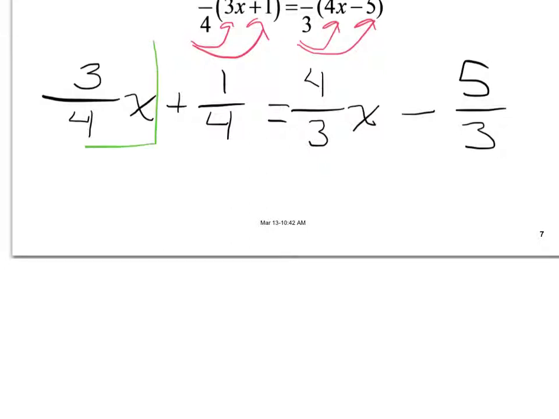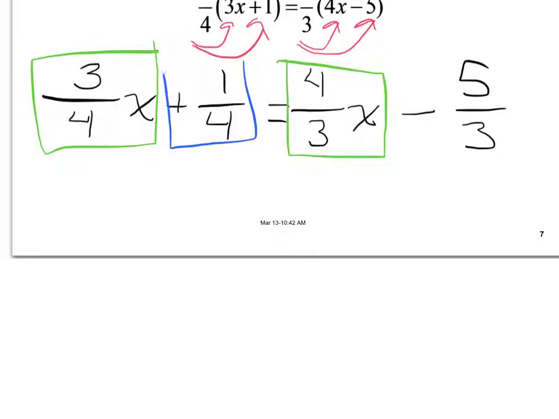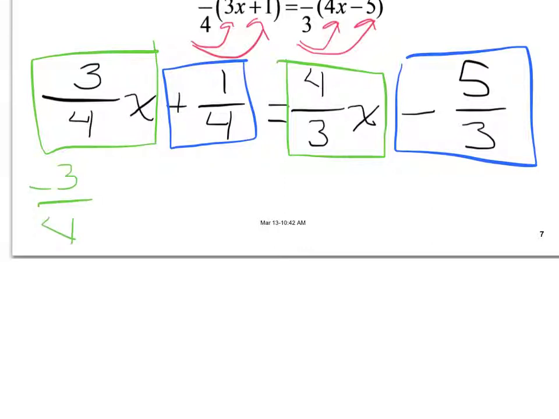So you have an x term on the left and an x term on the right side of the equal sign. And then again, you have two constant terms. Make sure you're paying attention to positive and negative signs, particularly when you're using your calculator. So this time, to try and keep things positive, we will subtract 3/4x from both sides.